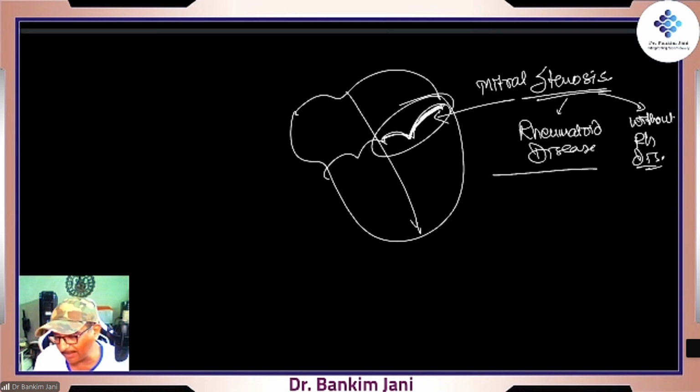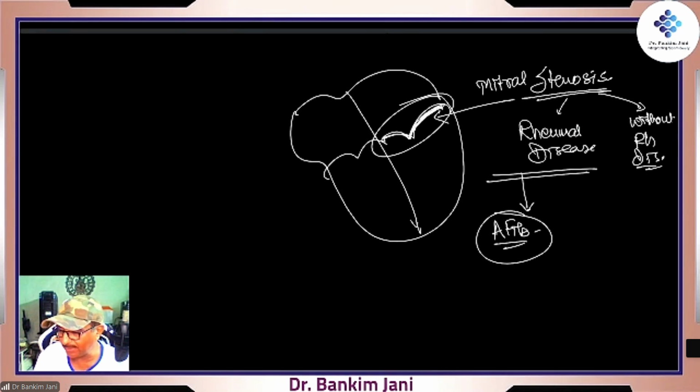So when you auscultate and you find that person is having mitral stenosis, and it is with rheumatic disease, and you take the ECG and you find he is having AFib also, this is mitral stenosis, rheumatic disease, and atrial fibrillation.